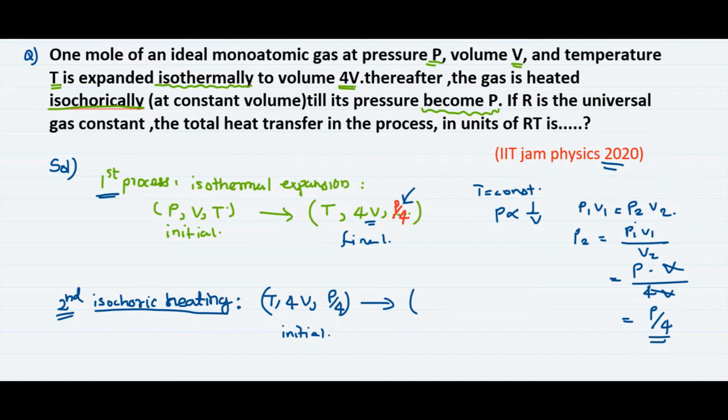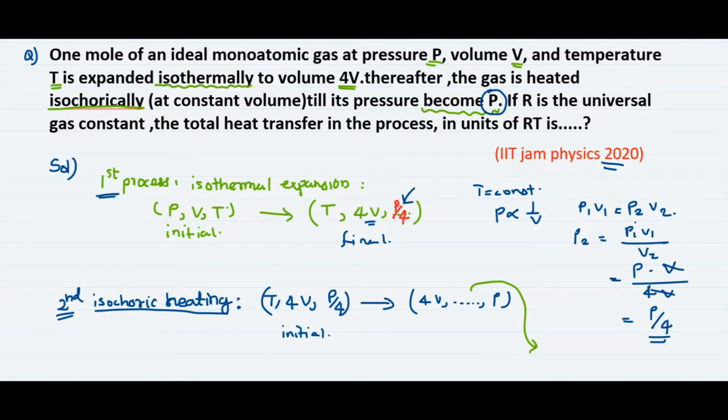So isochoric, so volume will not change, so we write 4V, and the temperature we don't know, it is not given, but the pressure is given, pressure becomes P. Okay, so here write P. So we can find this temperature very easily.